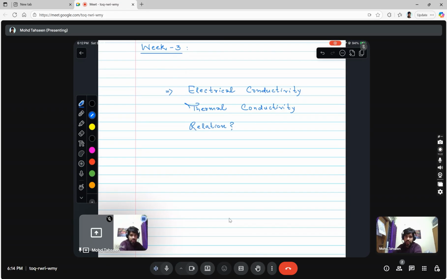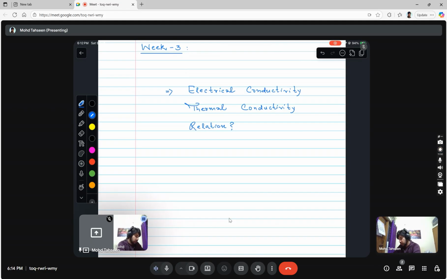Because from our everyday experience, we know that, for example, metals are good conductors of electricity, but at the same time they are good conductors of heat as well. So is there a direct relation between these two properties, and if so, can we predict that relationship, or can we justify this behavior based on the model that we develop?